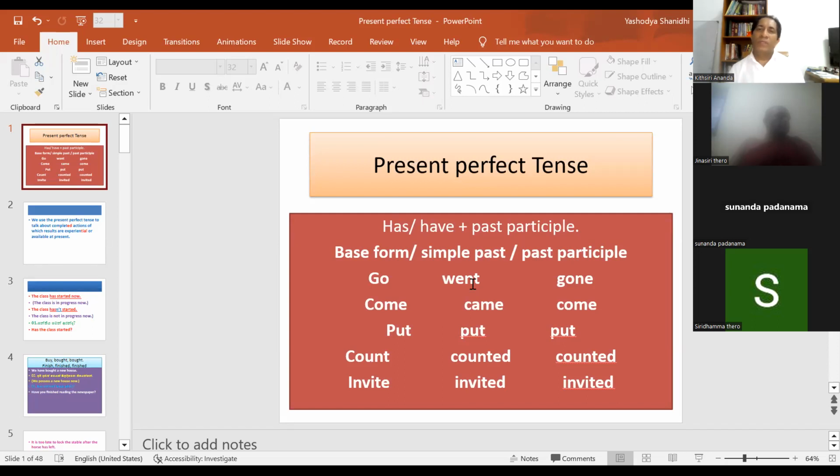You know that with a singular subject, we use has as the helping verb, then the ordinary verb is used in the past participle form. And with plural subjects, we use have, and the ordinary verb is again used in the same form, past participle.